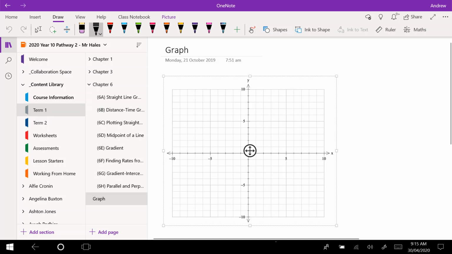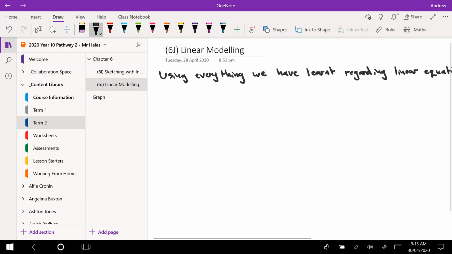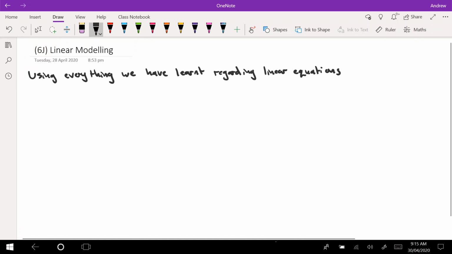So A, B, C, D, all the way to H. And then keeping back down to I and J, we can solve a variety of different problems using linear tools.